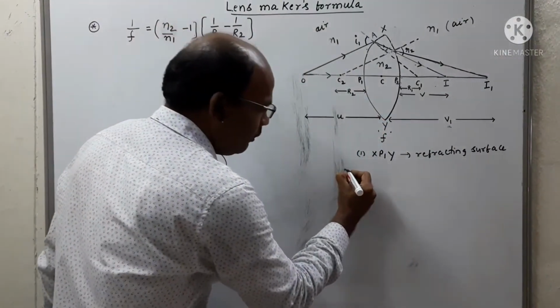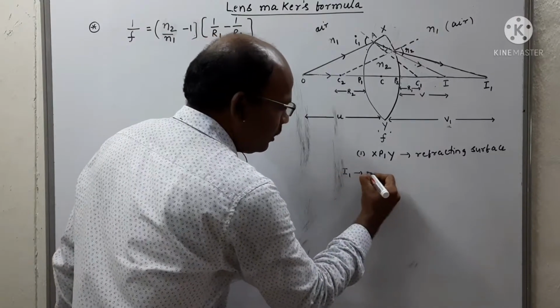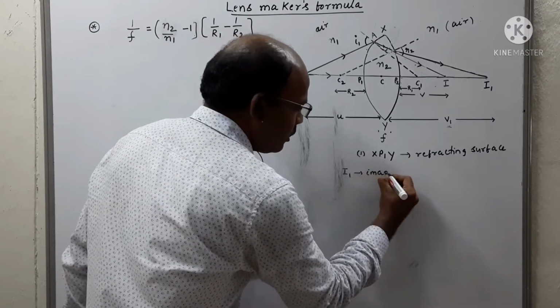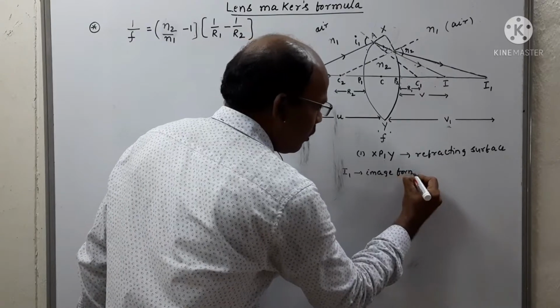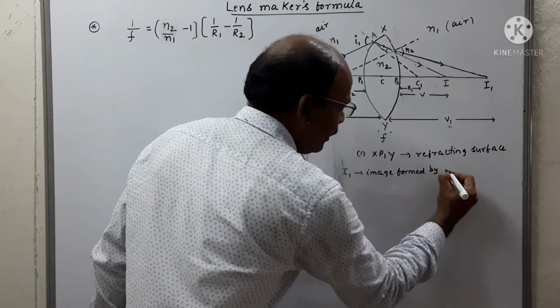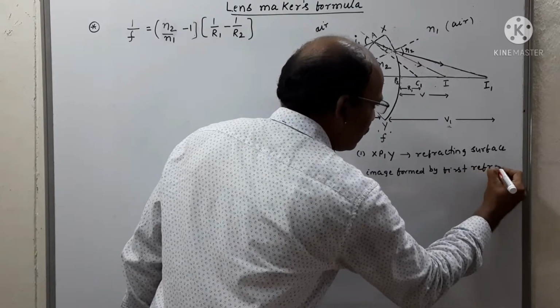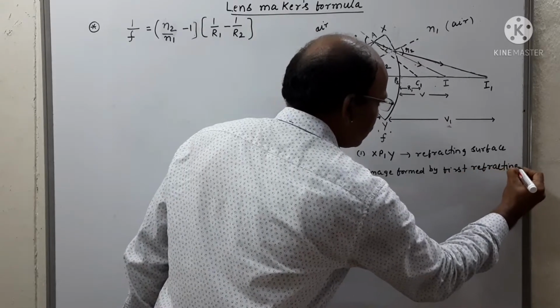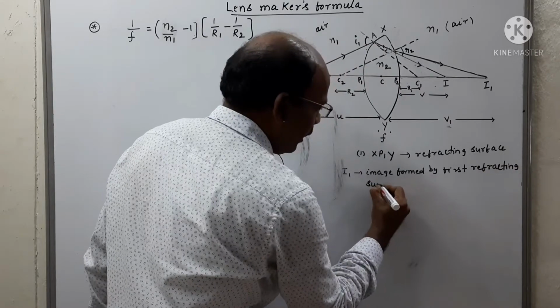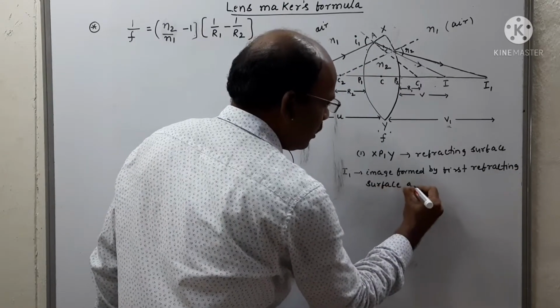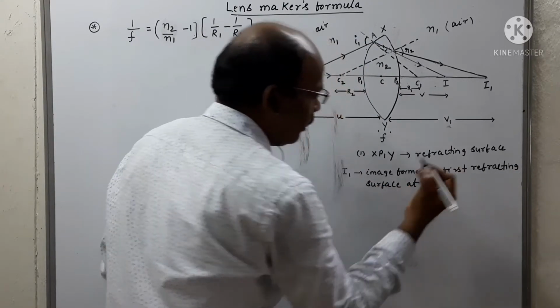So here we can observe that I1 is the image formed by the first refracting surface at V1.